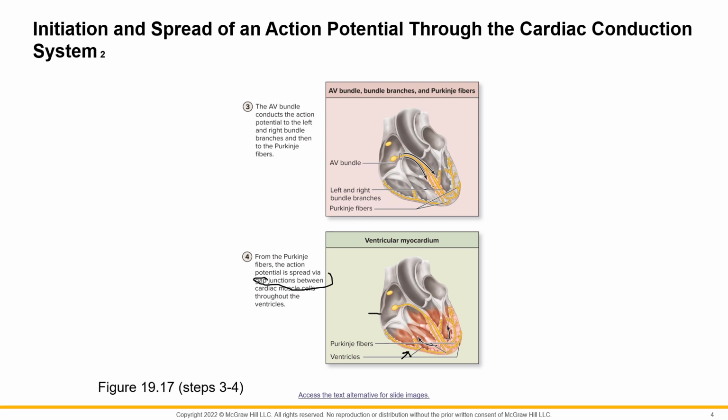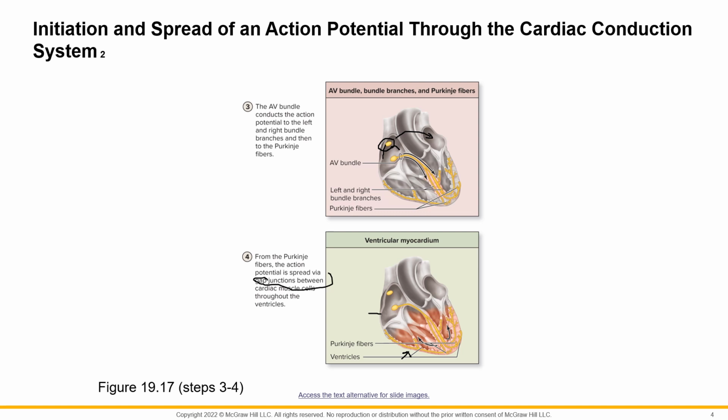So here is the chronology of how that's going to happen. First, sinoatrial node depolarizes. That depolarization is spread over the right atrium and eventually on the left atrium. When muscles become depolarized, they contract.